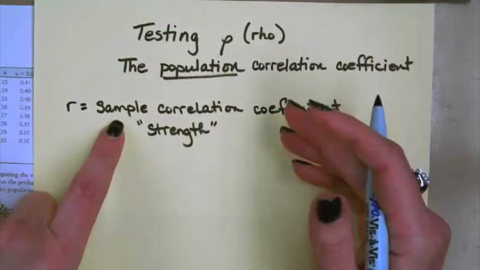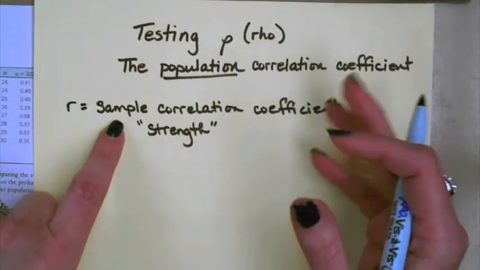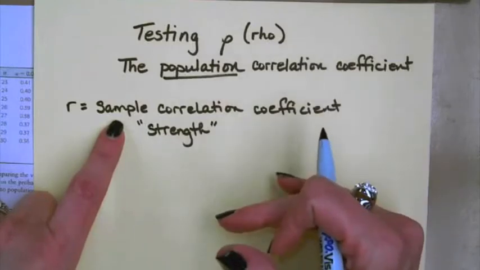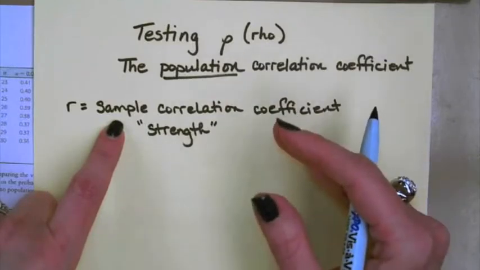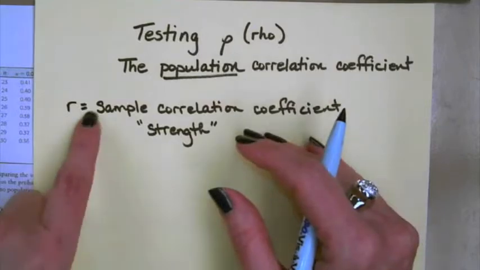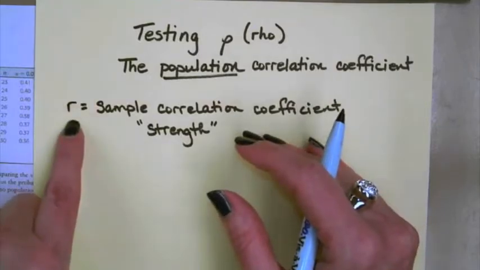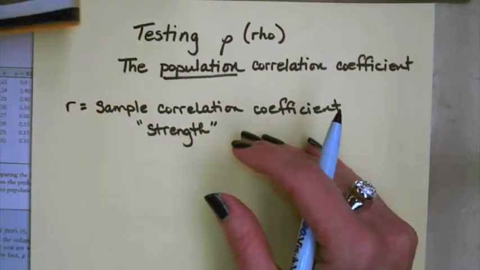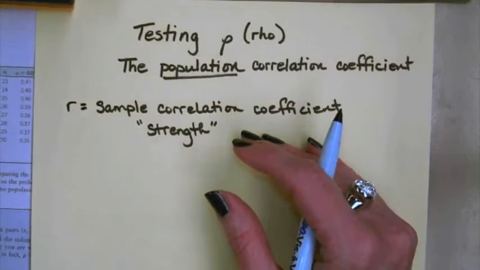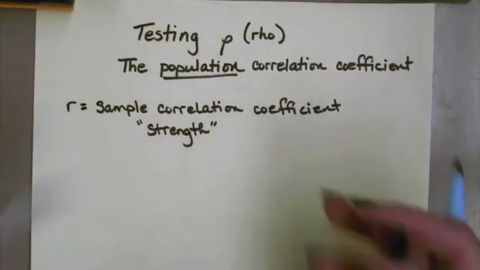Now, it's unreasonable to imagine that you gather all of the data and run the calculations for the entire population. So what we do is we take the R value and we take a designated measure.